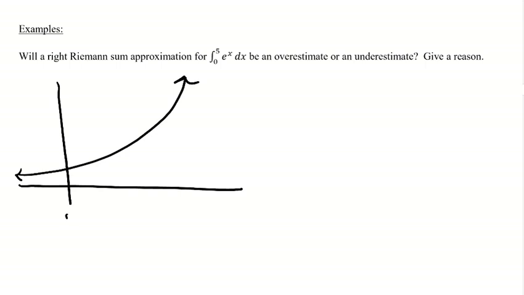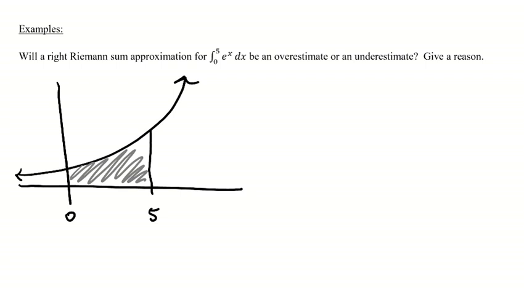Okay, well, here's 0. Maybe there's 5. We're interested in this area here that I'm going to shade. Do we think that this is going to be an overestimate with the right Riemann sum or an underestimate?